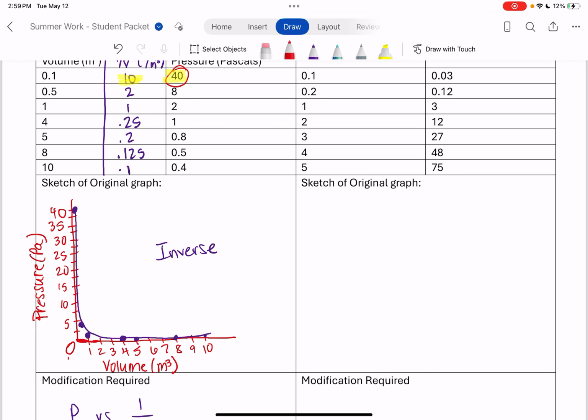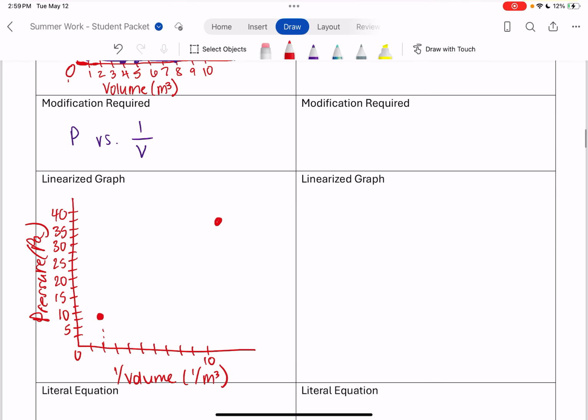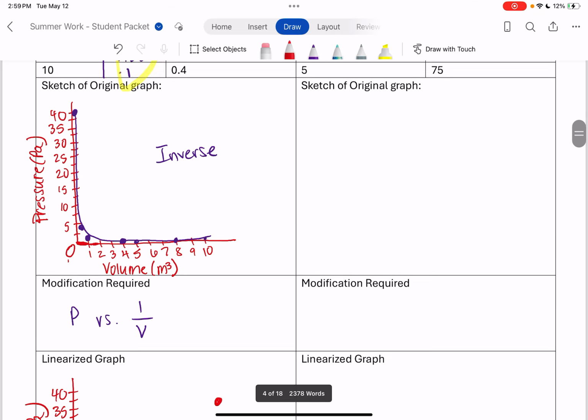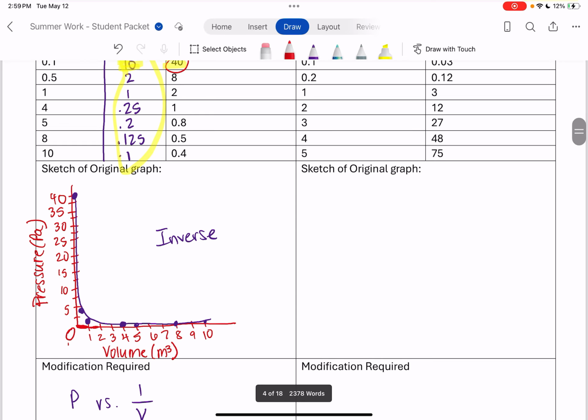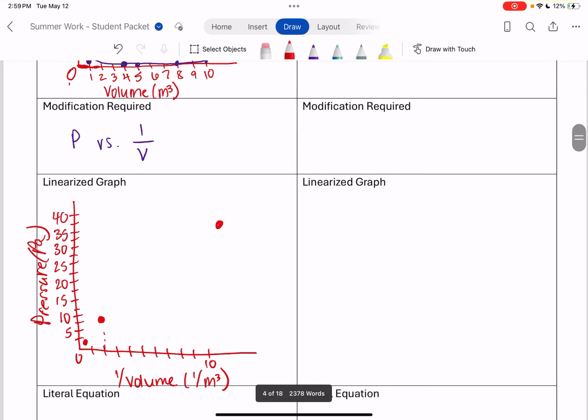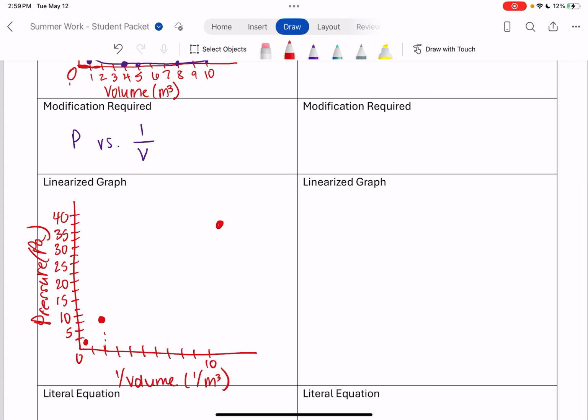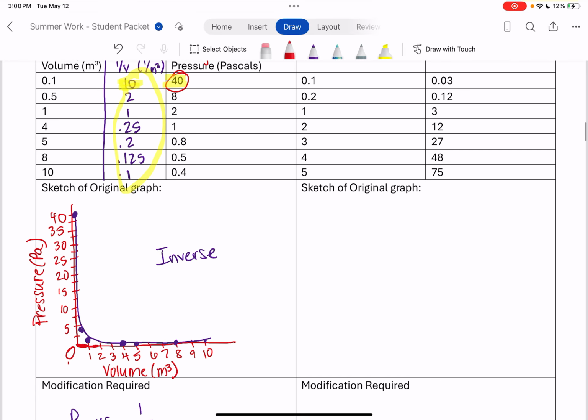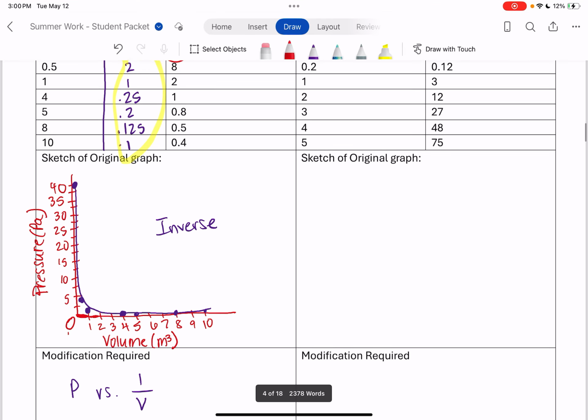Notice I'm graphing all of this data now. That's my new x value that I'm graphing. So 1 and 2. 0.25 and 1. This is going to be really hard to graph. 0.25 and 1. 0.2 and 0.8.